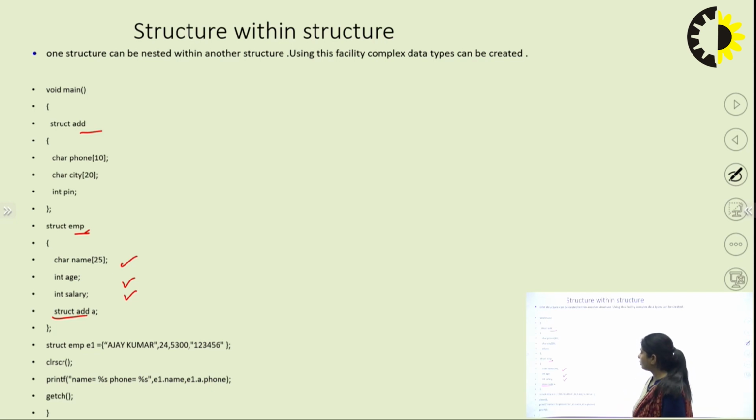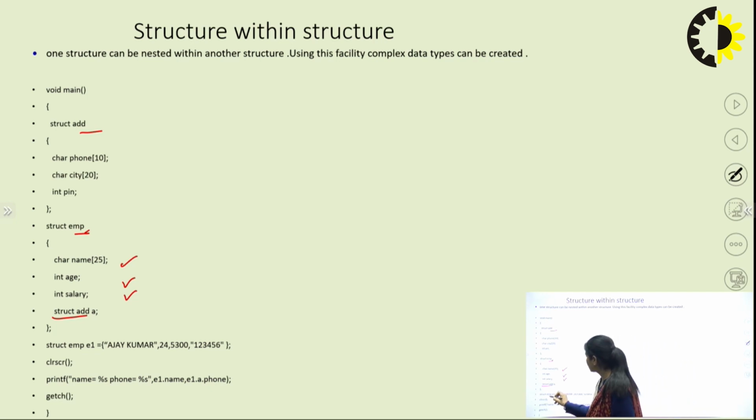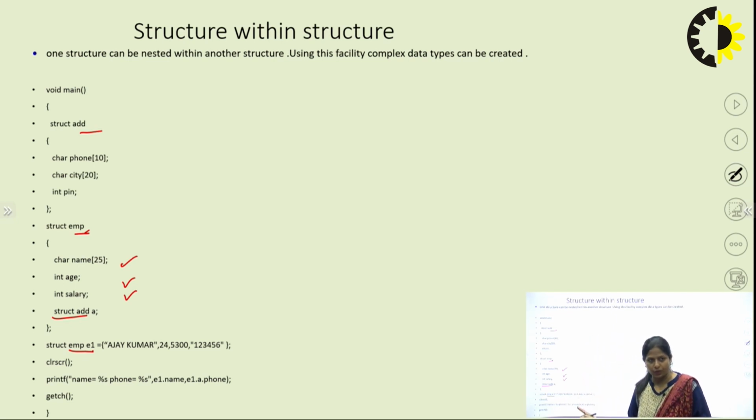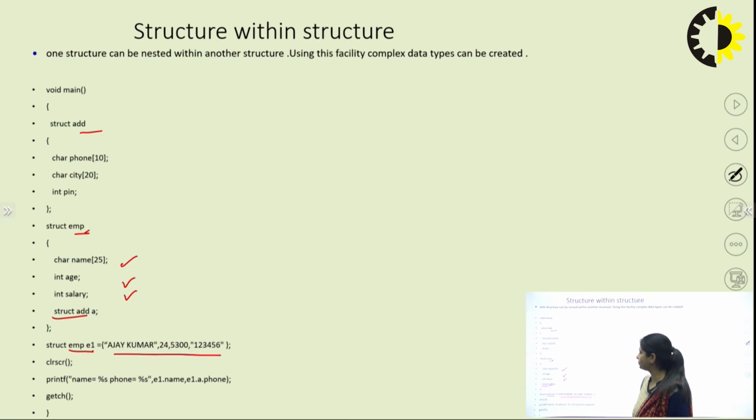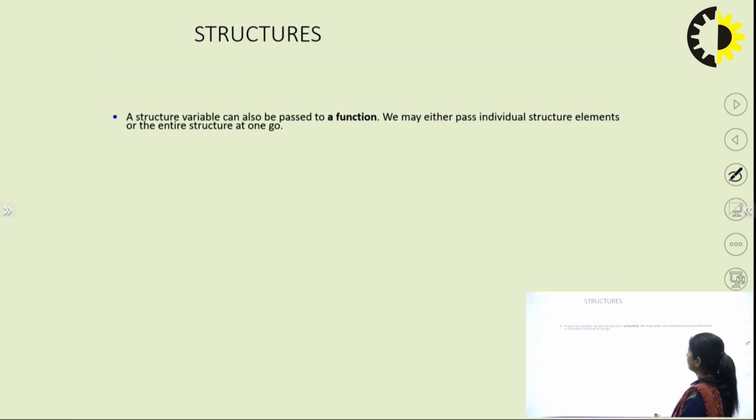So if I declare a structure variable of the employee structure, that is E1, how many elements does the employee structure have? Name, age, salary and address. Fine. So that's how we can initialize these values. In this way we can have a structure within a structure, right?